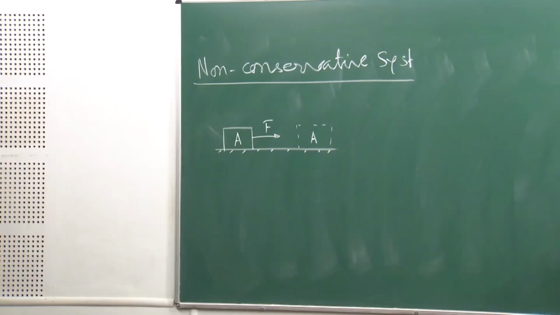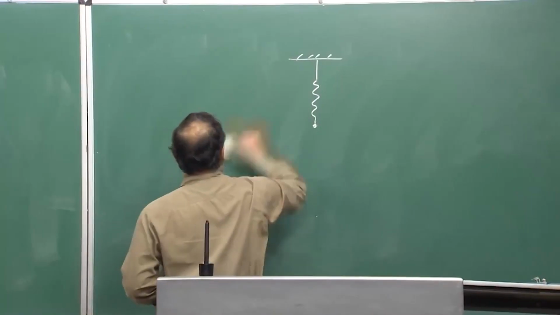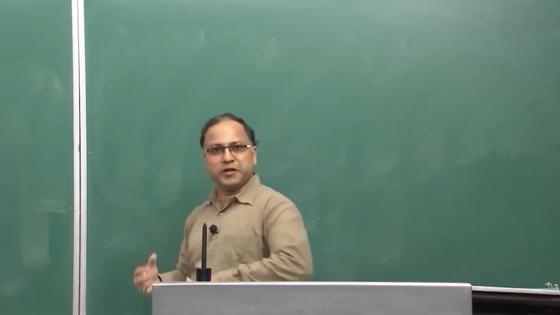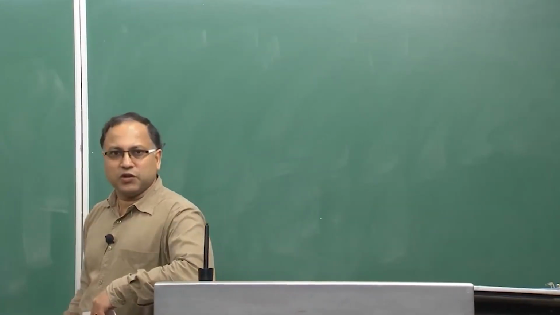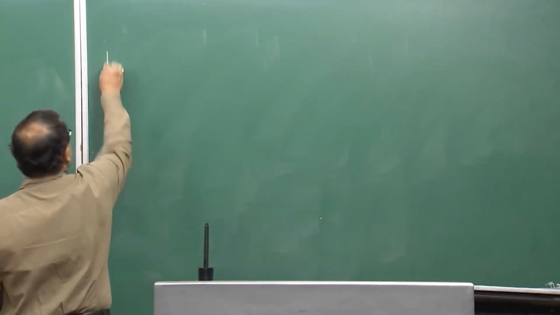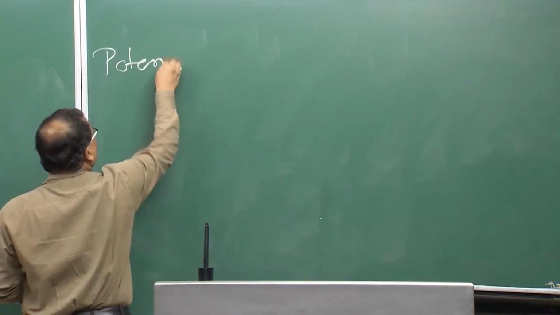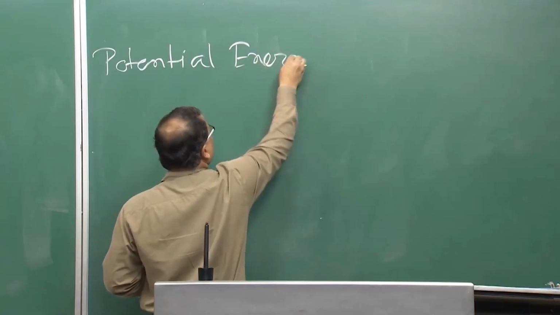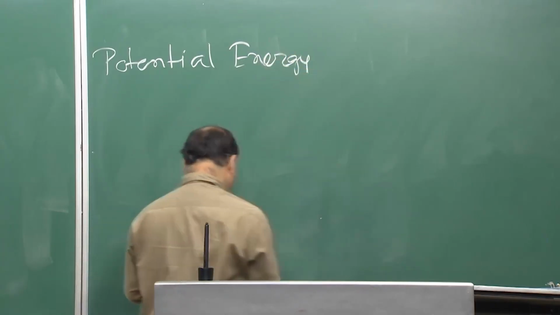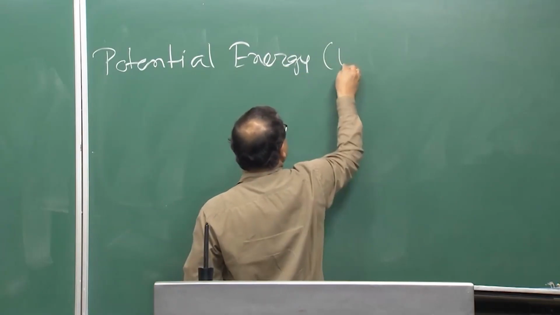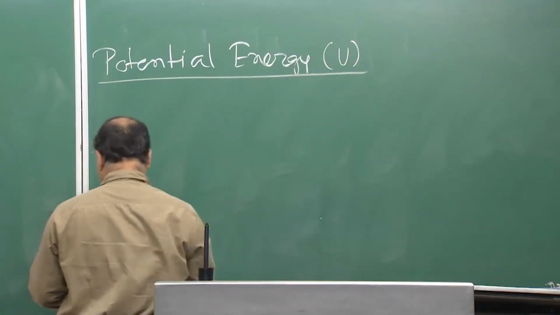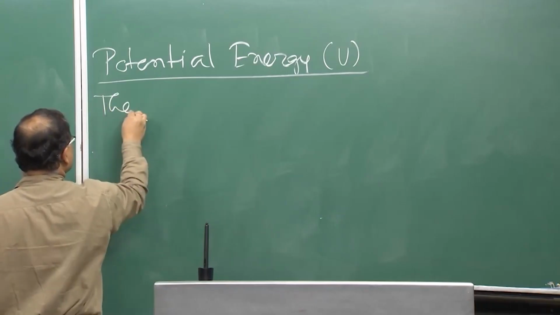Now, we will be talking about the potential energy, because these are the basic things required to define the theorem. Potential energy, defined by say U. Now, what is the definition of potential energy?